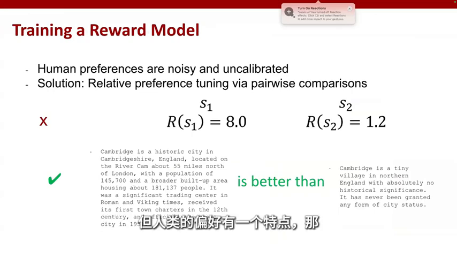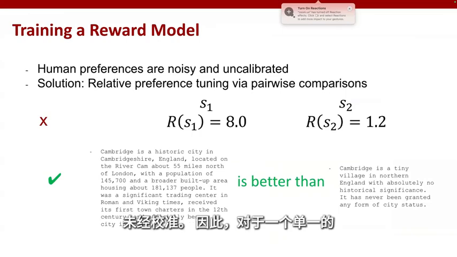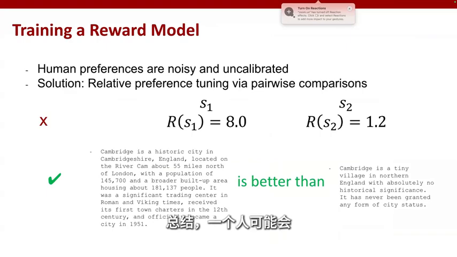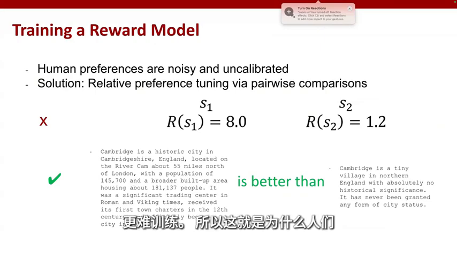But one thing about human preference is that it is noisy and uncalibrated. For one single summarization, one person may give a high reward, but another person may give a lower reward. And maybe some people just want to give a high reward to every response. That would make the training process noisy and harder to train.